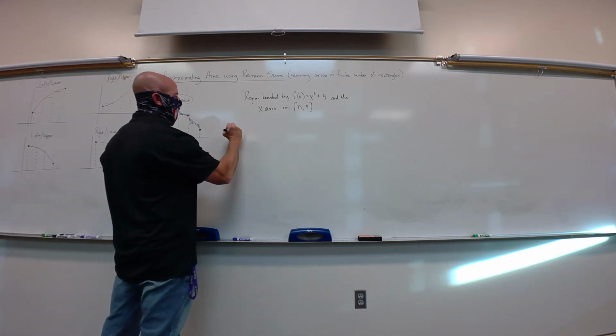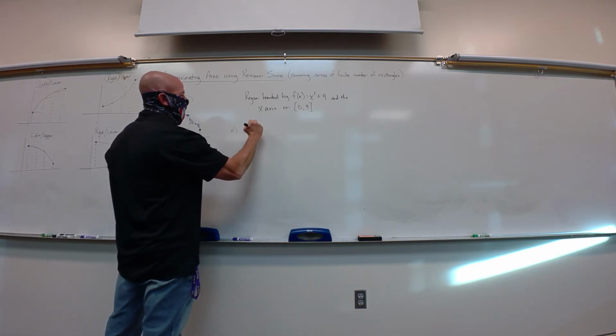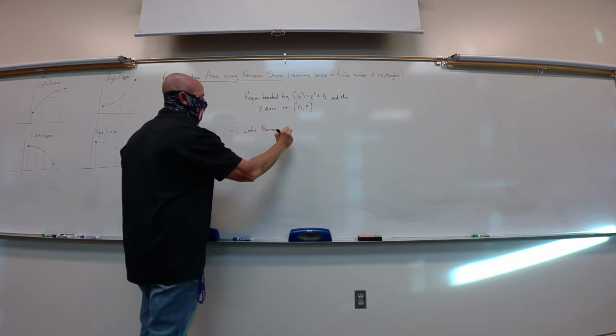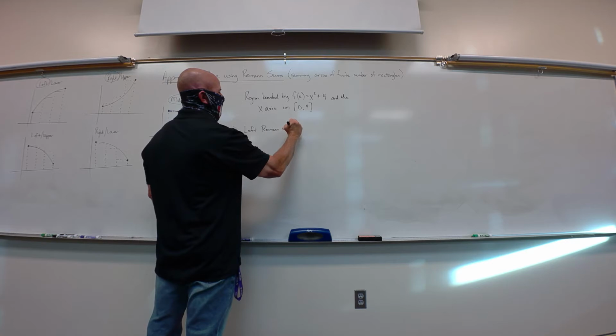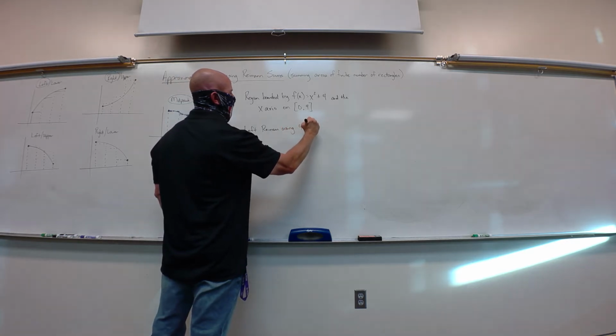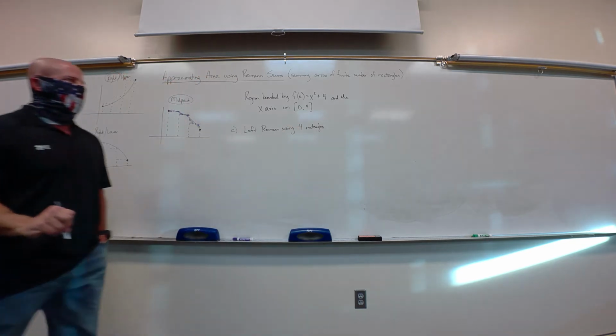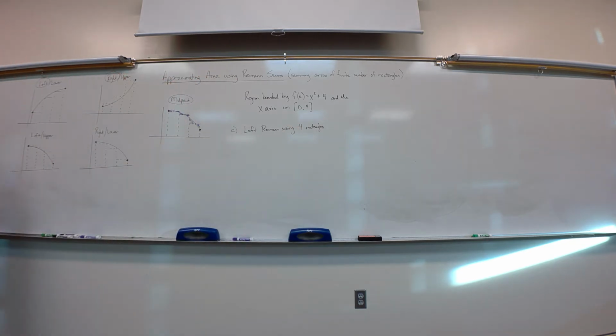So say part A. Left Riemann using 4 rectangles. So that means we're going to add up the area of the 4 rectangles under that curve.